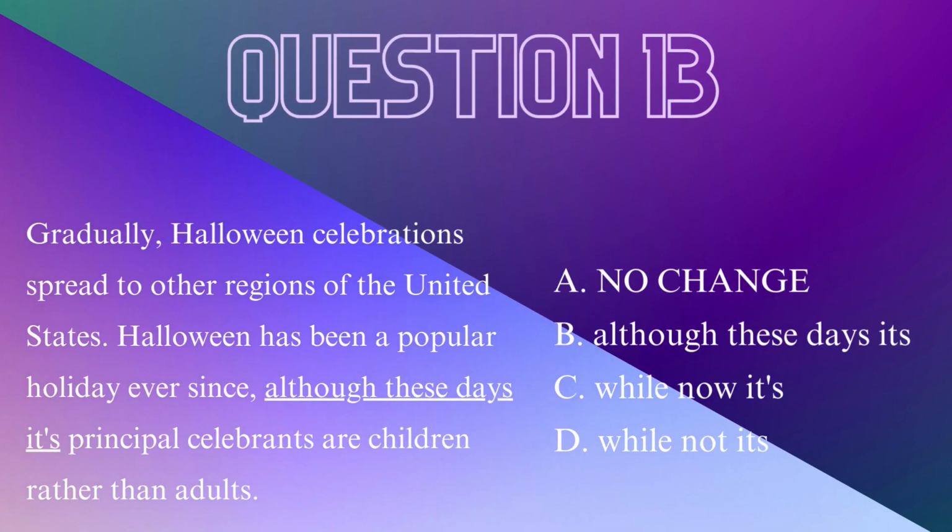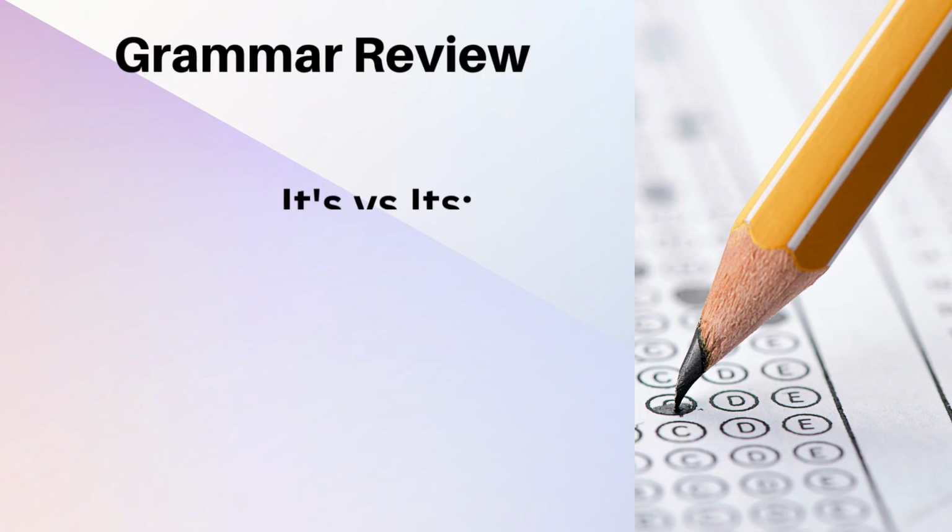Question 13. This question addresses when to use an apostrophe or not with the word it's. The sentence says, Halloween has been a popular holiday ever since, although these days its principal celebrants are children rather than adults. Let's review this rule.